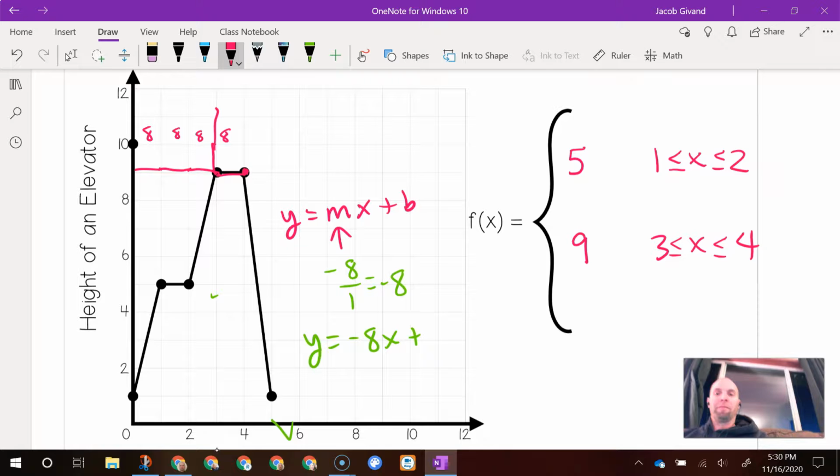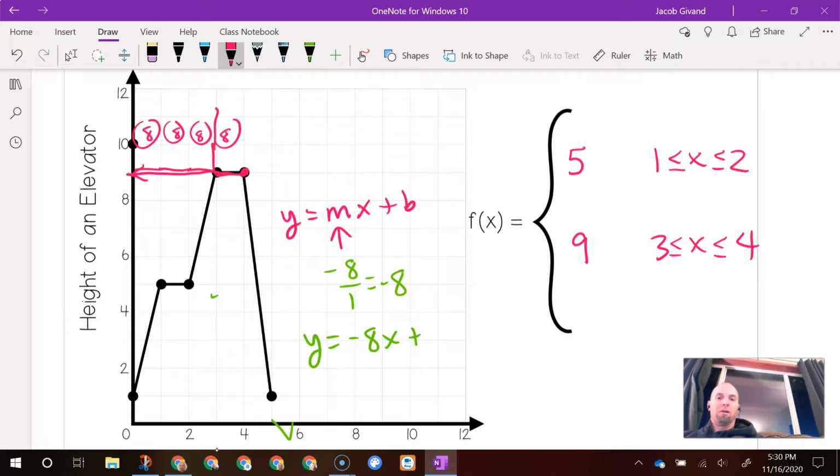So actually, from right here, if we go back 4, 1, 2, 3, 4, by the time we get back to the y-axis, it's going to have traveled 32, because 8, 8, 8, and 8.